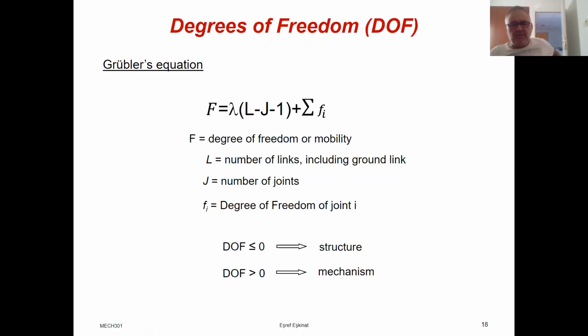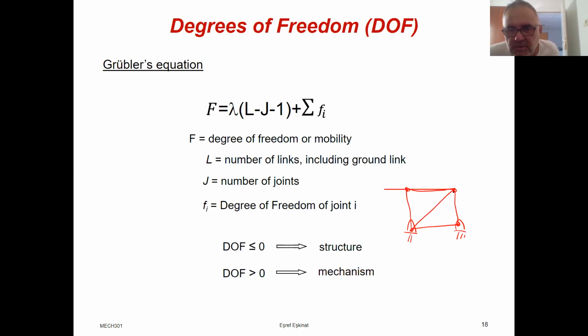Okay. When the degree of freedom is less than 0, you have a structure with extra constraints. For example, something like this would have a degree of freedom of less than 0. Well, this will be a 4-bar mechanism.